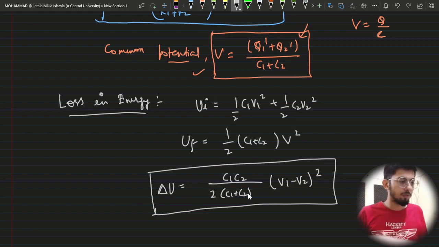So this is a whole square, isn't it? C1 and C2 will always be positive. Capacitance value is always positive. So this is positive. Everything here is positive, and whole square value will always be positive. So that del U is always a positive quantity.